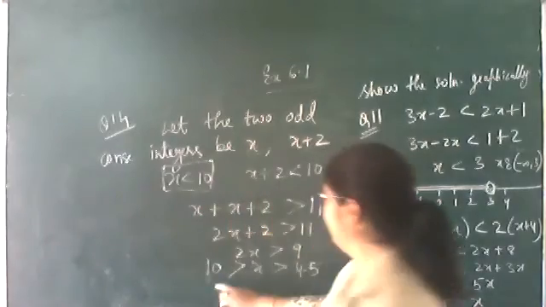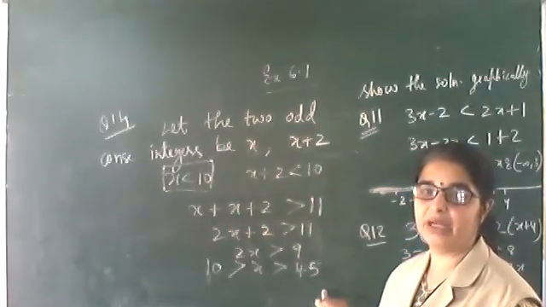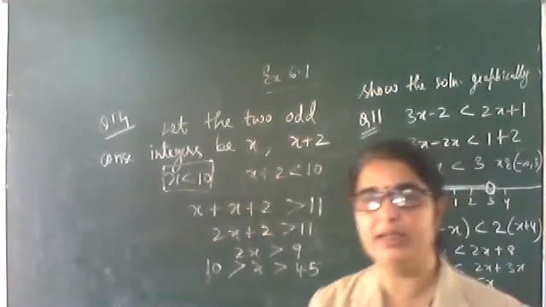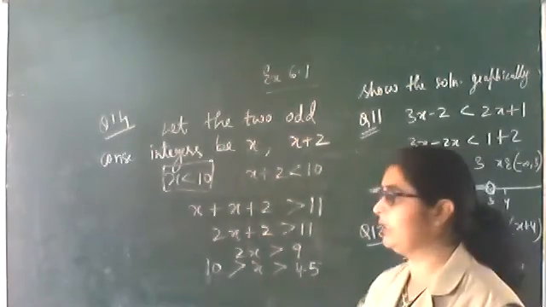So you tell me what are the odd integers which are greater than 4.5 and less than 10.